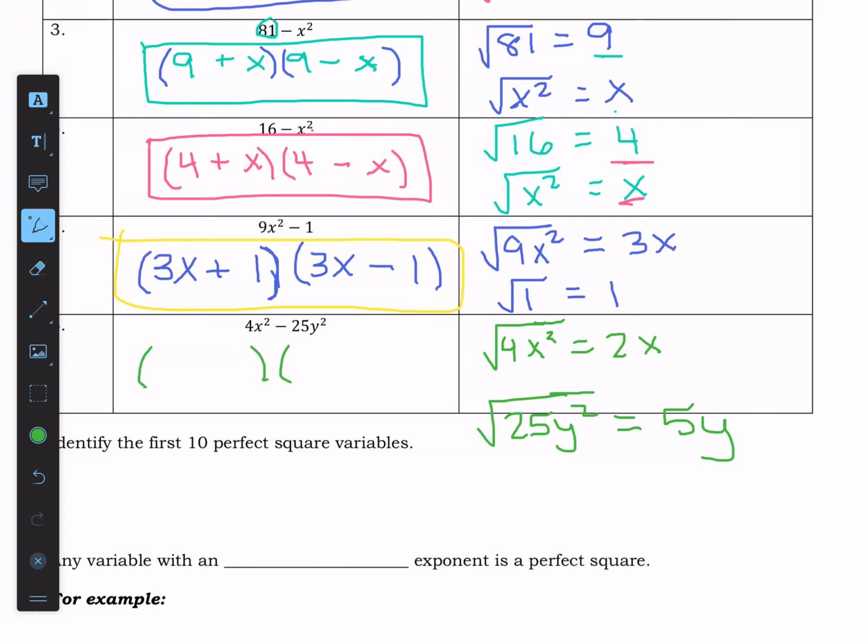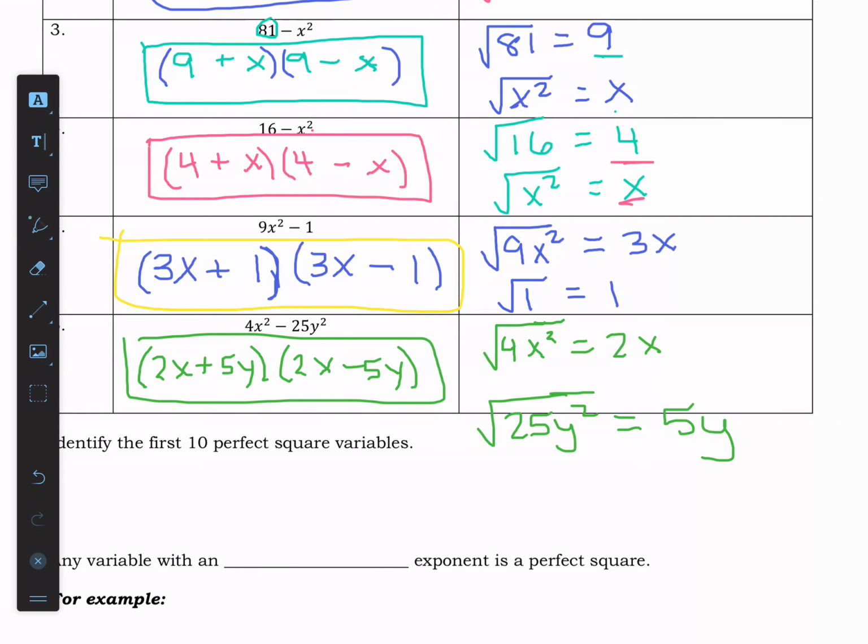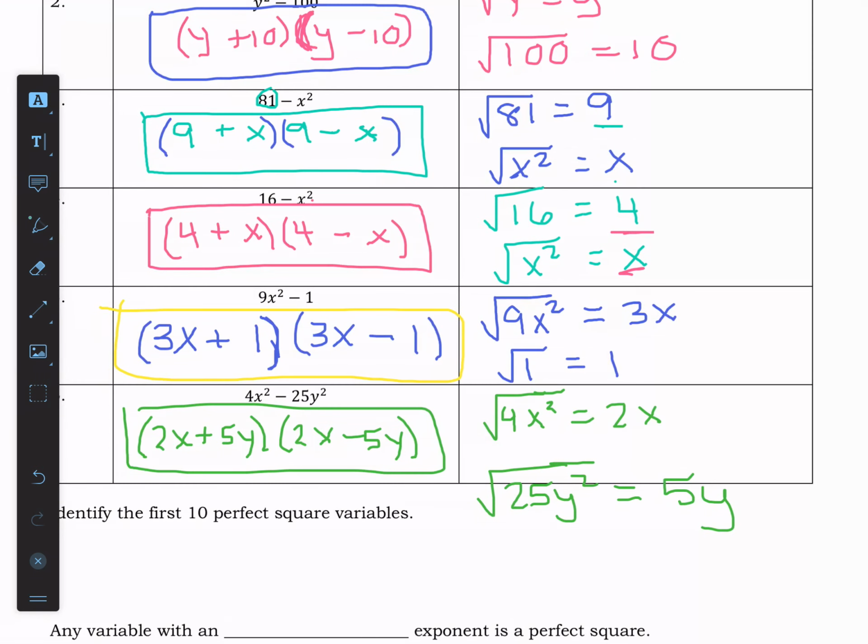Then the square root of 25y squared is 5y, because the square root of 25 is 5, and the square root of y squared is y. So then over here, when we do our double bubble, we put 2x in the front of each bubble, 5y in the back of each bubble, 1 plus and 1 minus.